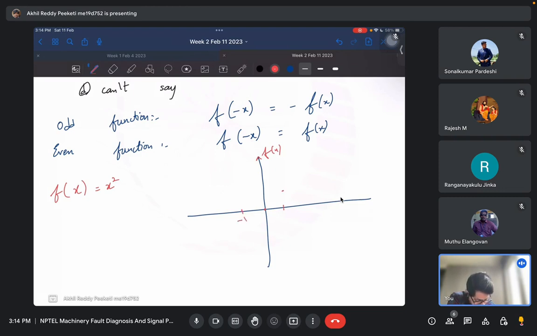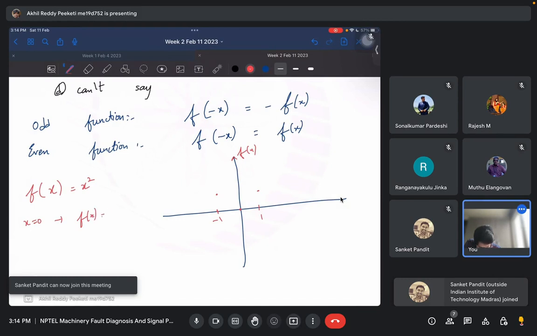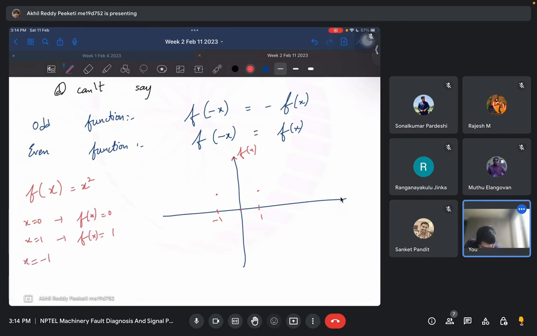When x is minus 1, then also, so x is equal to 0, f of x is 0, and x is equal to 1, f of x is 1, x is equal to minus 1, then also f of x would be 1, right? So if you actually plot the entire function, then you would get something like this. So here if you see about the y-axis, this graph is symmetric. So that is an even function.